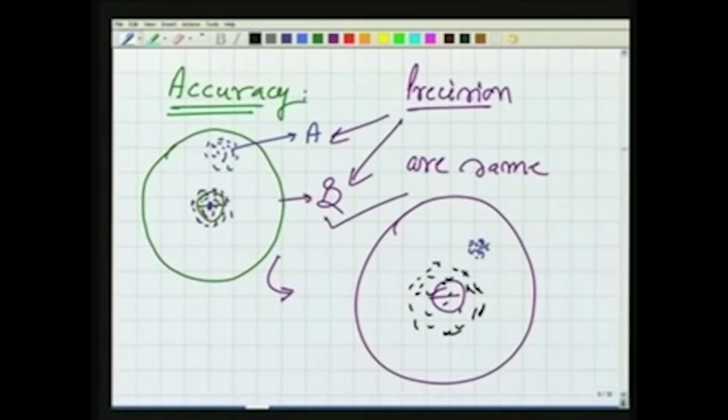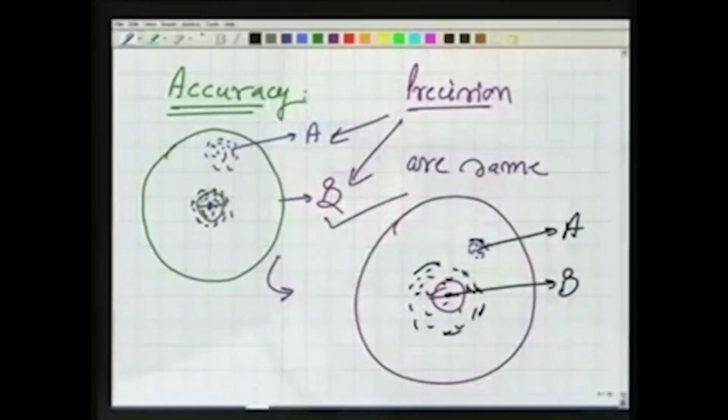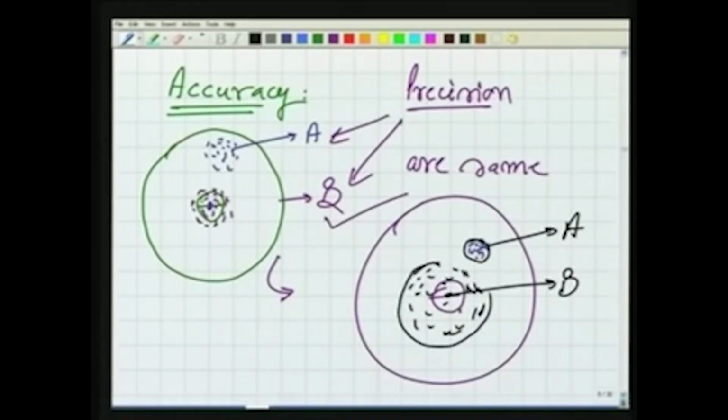If you take the mean of these, the mean is here somewhere, that is for observer A, and for the second person B, the mean will be somewhere here. Even if the precision is more in this case, it is not accurate. Here the precision is less, your observations are far apart, but the accuracy is more.